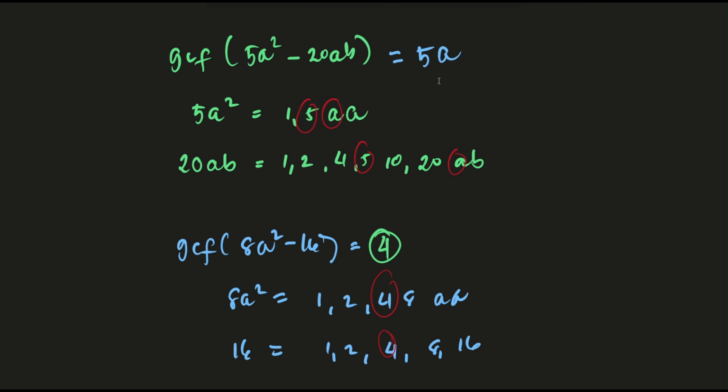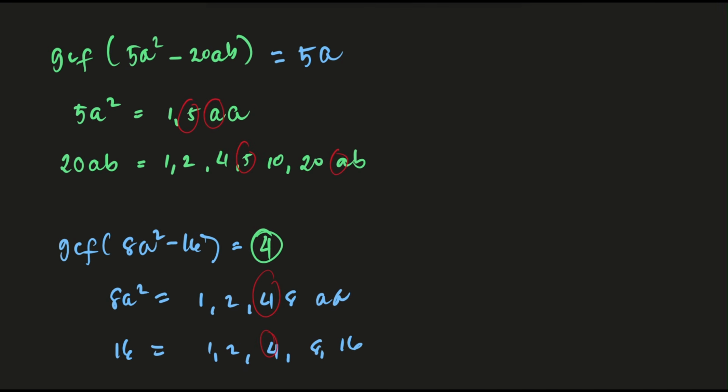Next example, find the GCF of 2x squared minus 4x cubed plus 6x squared. If you're going to take a look at each term, their largest common number or factor is just 2. And then observe that each term has a literal coefficient of x.